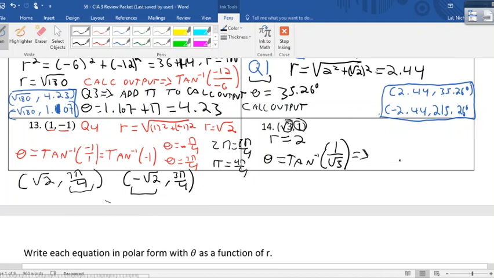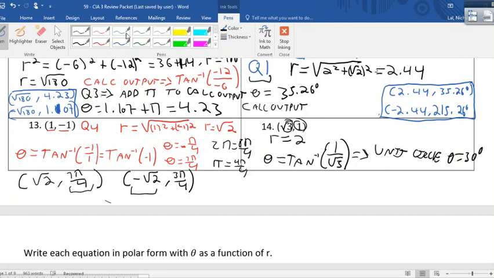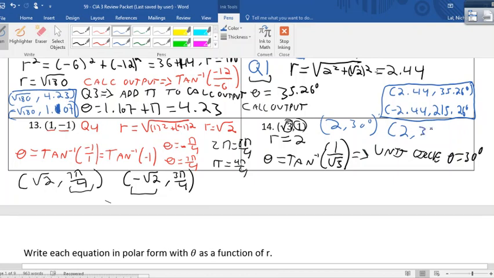So we have a potential polar coordinate of 2, 30 degrees. Let's add 360. You could also have a polar coordinate of 2, 390 degrees, since 360 plus 30 is 390. Those would be 2 equivalent polar coordinates.